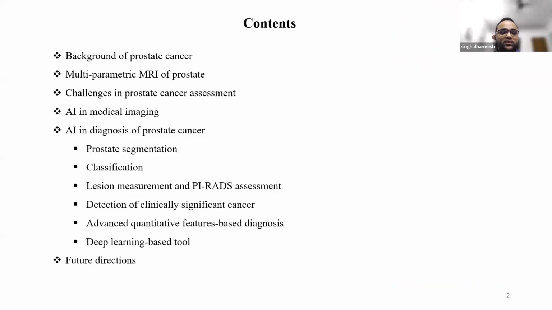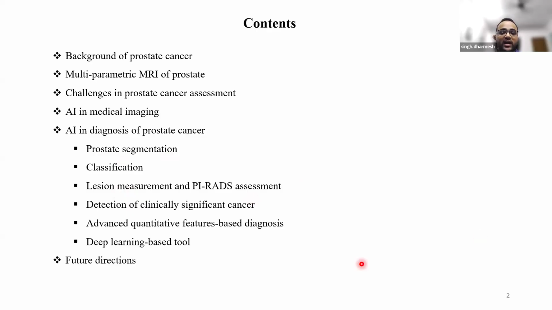After that, we'll touch on the challenges that radiologists face in prostate cancer evaluation, which sets the stage for how AI is being applied in medical imaging. Then we will move step by step through the AI workflow for prostate cancer diagnosis, starting from prostate segmentation, classification of the tissues, lesion measurement, and automatic PI-RADS assessment.